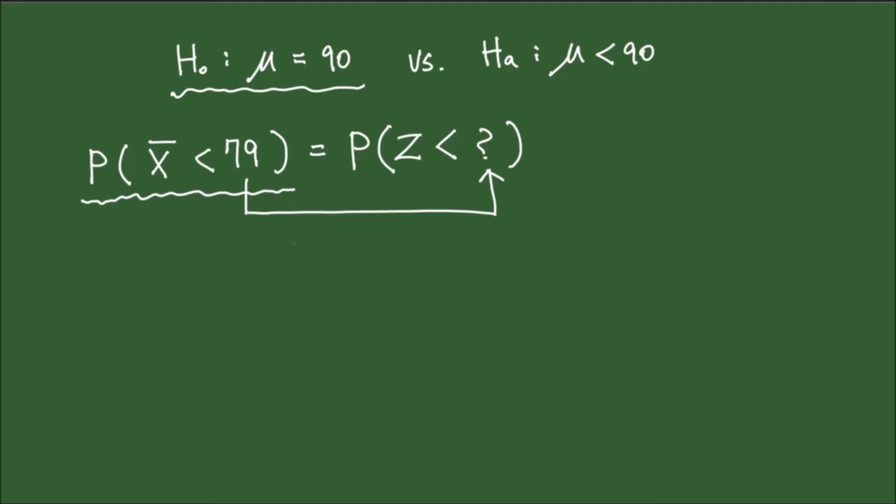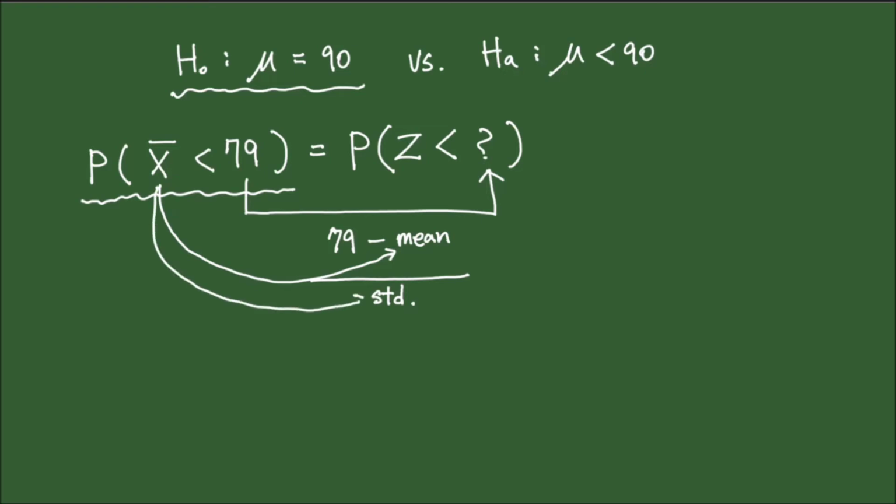Okay, and how do we convert this one? We use the standardization formula, which is 79 minus the mean of this distribution, divided by the standard deviation of this thing. So if we know the standard deviation of x bar and the mean of x bar, then we can plug those numbers in here, right?